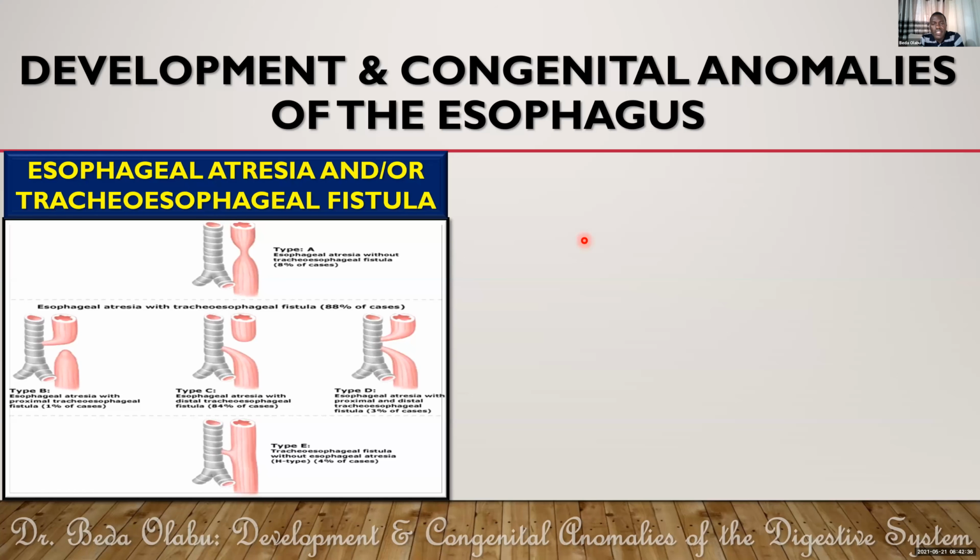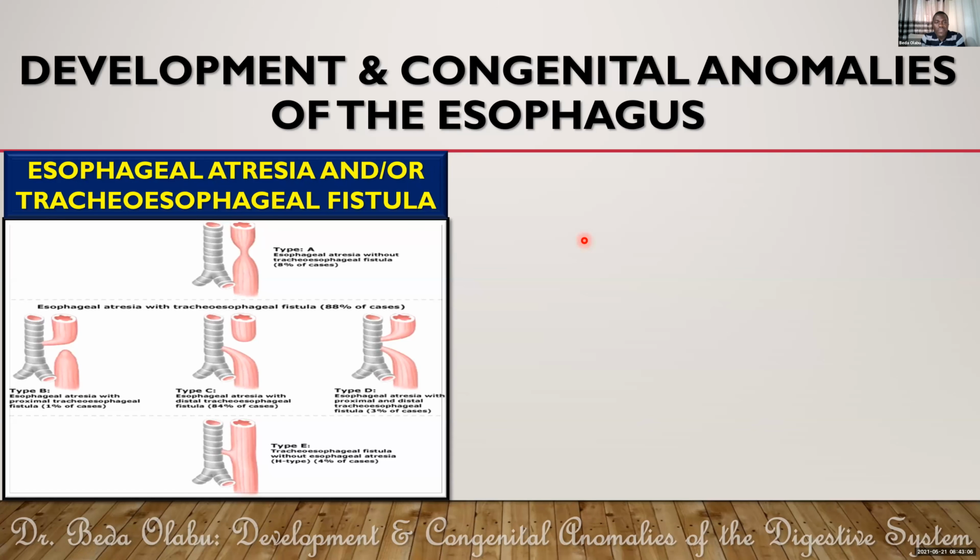First of all, I want you to understand that these occur due to abnormal foregut septation. If you have abnormal foregut septation, you are going to have abnormal communication between the trachea and the esophagus. The abnormal communication between the trachea and the esophagus is what we are calling tracheoesophageal fistula.